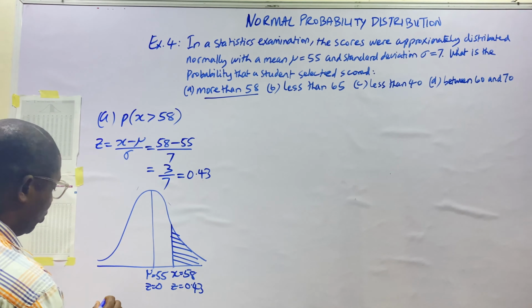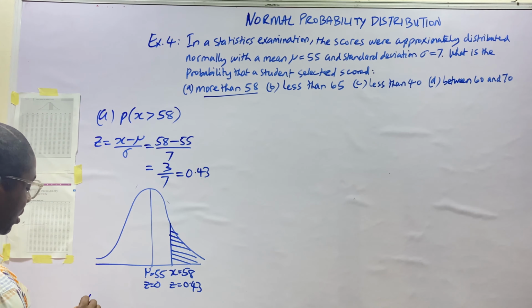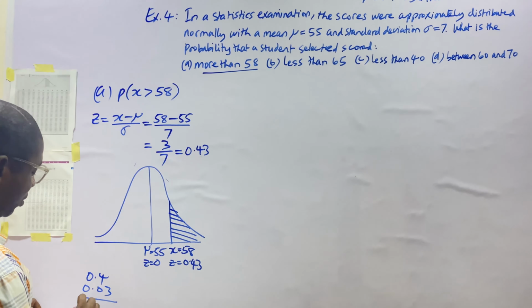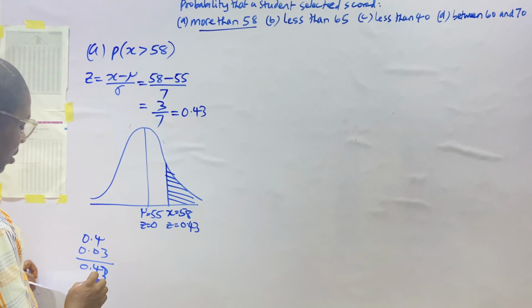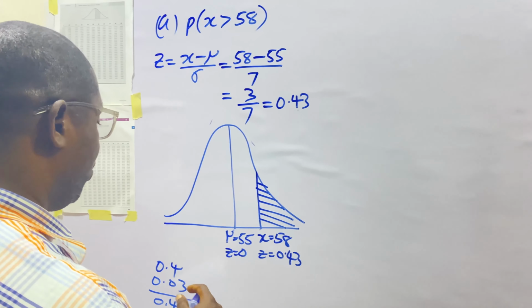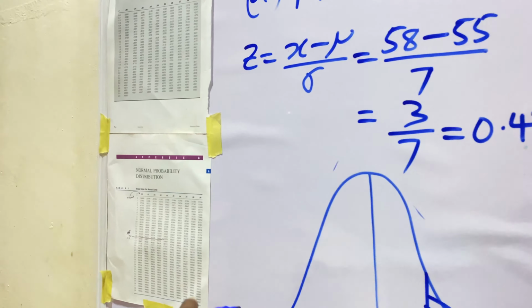Now what we'll do is find the probability of this value on the normal distribution table. We're going to look at 0.4 under 0.03. That gives us 0.43. So please come along with me so that we can look at the value we are looking for.